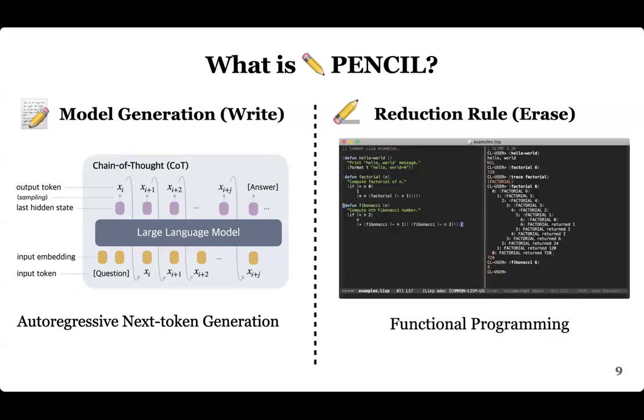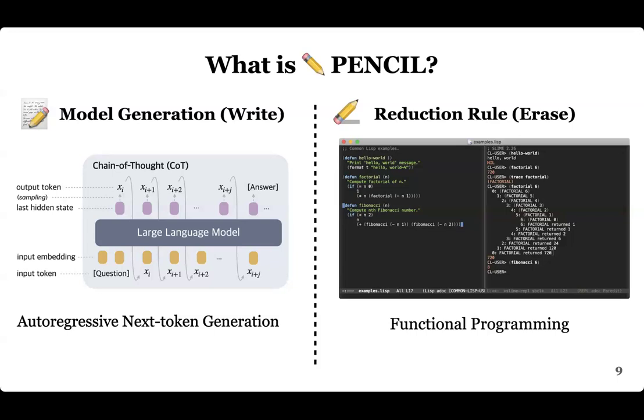We take inspiration from functional programming languages. In functional programming languages, the way memory is managed is that when it solves some kind of problem, it can call other functions, and when it calls another function, it creates a stack frame, and all computations within the new function are stored in that stack frame.